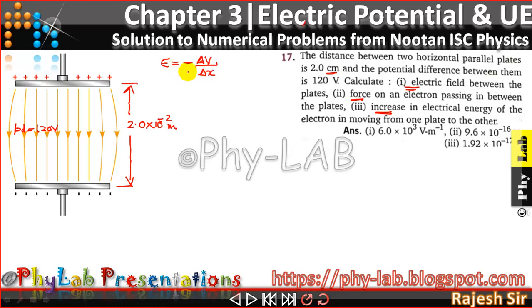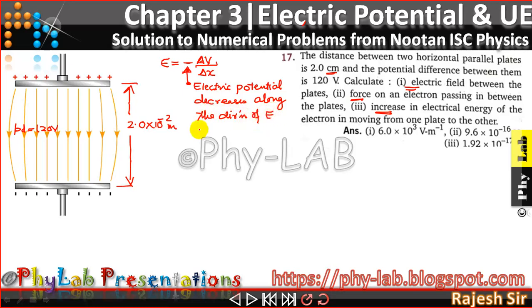Now in this, the negative sign indicates that along the direction of electric field the potential always decreases. So I can write this as: electric potential decreases in the direction of electric field. Apart from that, this negative sign is of no use. So it just suggests that electric potential decreases along the direction of electric field.